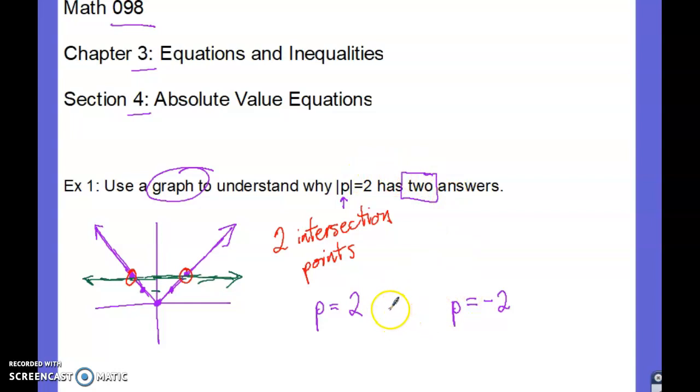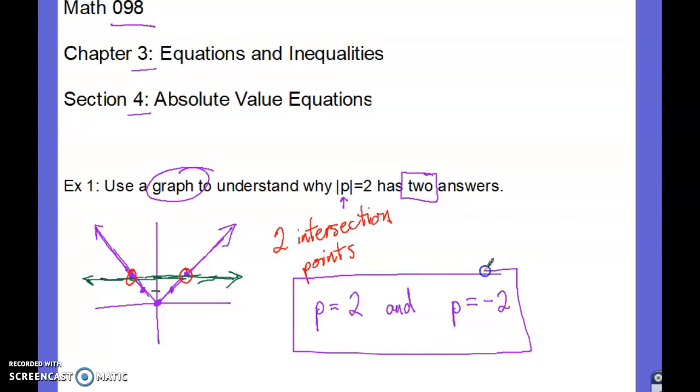And I like to just put "and" in here. Sometimes people write "or." I'm going to leave that up to you. We'll investigate the difference between those. Typically, I would say "or" if you want. So P equals 2 or P could be negative 2.